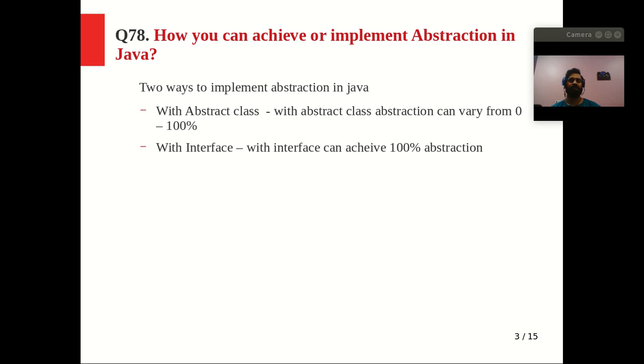But concrete methods are methods which have the implementation. So an abstract class can have both abstract methods and concrete, fully implemented methods. That's why it can vary from 0 to 100%. But with the interface, we can achieve 100% abstraction. So these are the two ways to achieve abstraction.